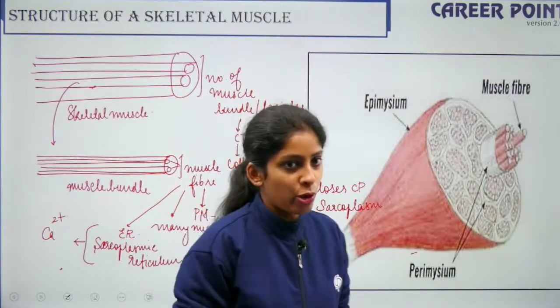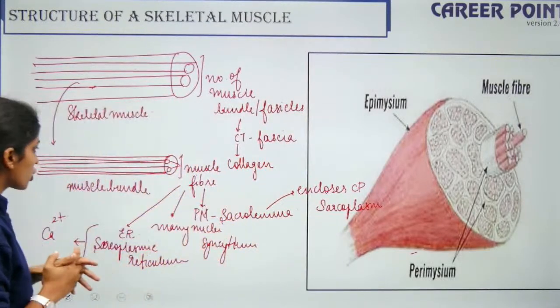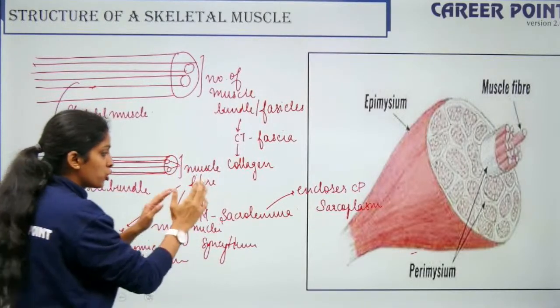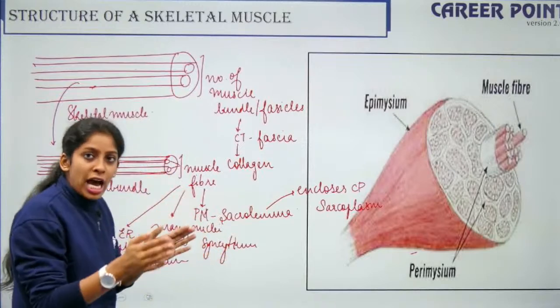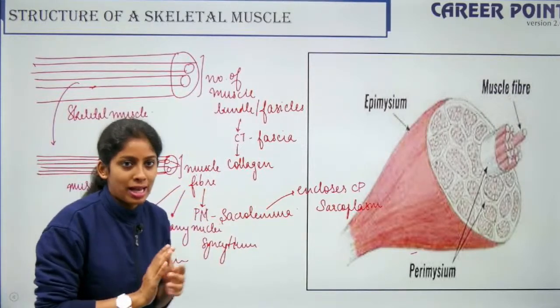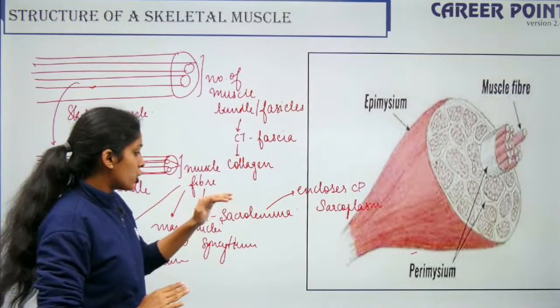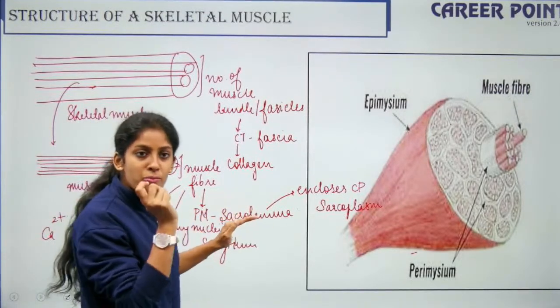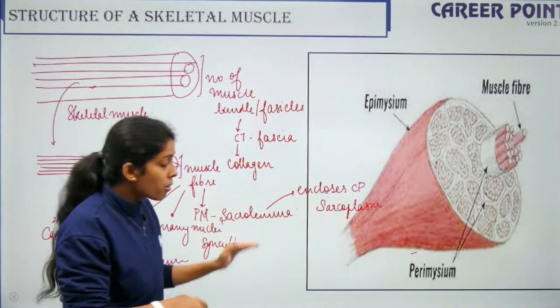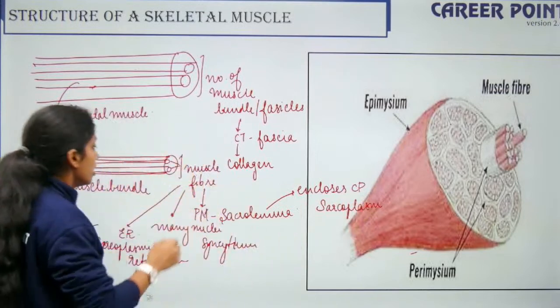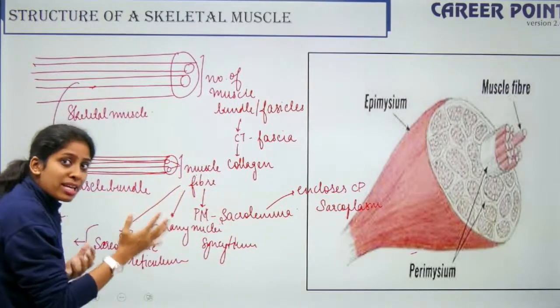Syncytium, yes, I'm explaining once again. The muscle fiber has a plasma membrane which is known as sarcolemma. The sarcolemma encloses the sarcoplasm. Inside the plasma membrane we have the cytoplasm. The muscle fiber has many nuclei.